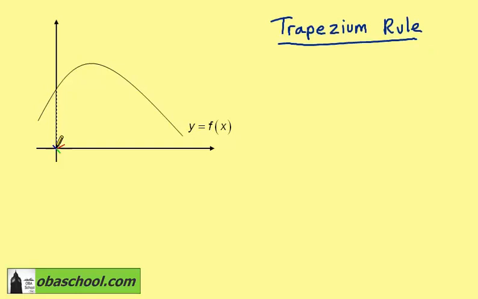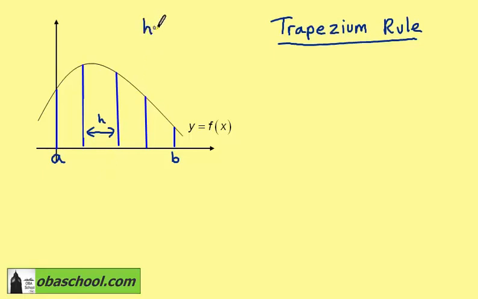Suppose we want the area between here and here. What we do is separate the area into several different trapezia, all of which have equal widths. So this point we'll call A and this one B. The width of each of the trapezia is the same, and we'll call it h.